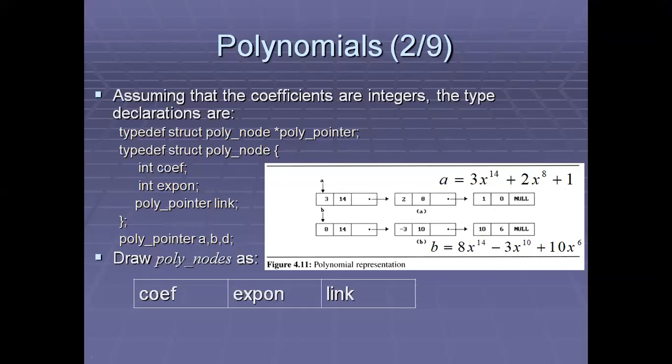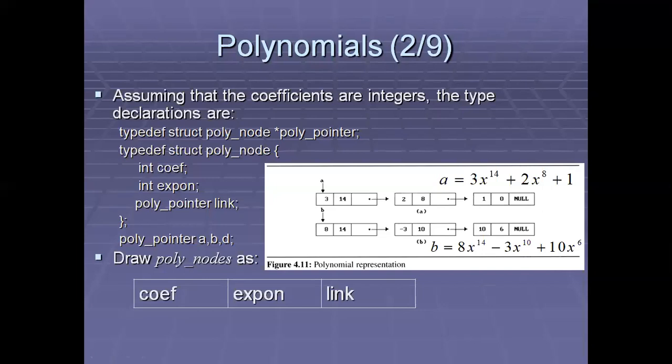And again 10 into x power 6: 10, 6, null. 10 is the coefficient, 6 is the exponent of x, and null is the address of the next node, because 10 into x power 6 is the last term in the polynomial.